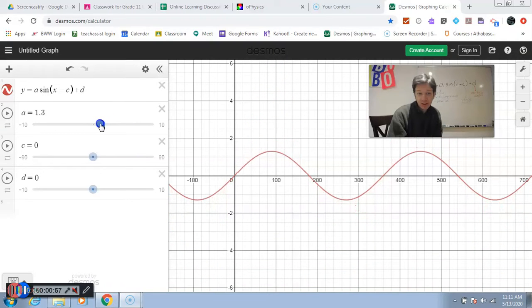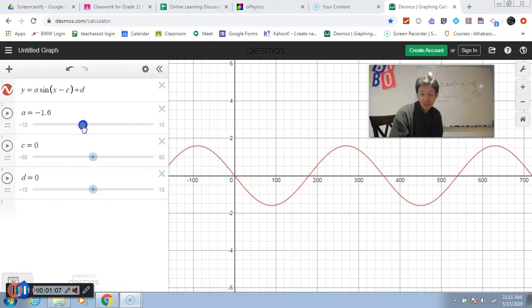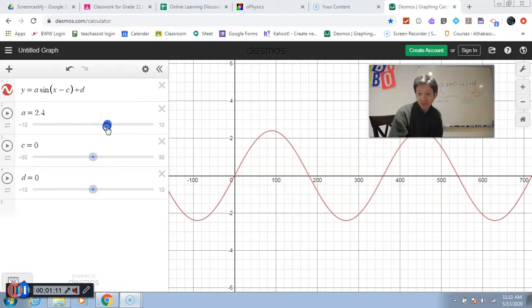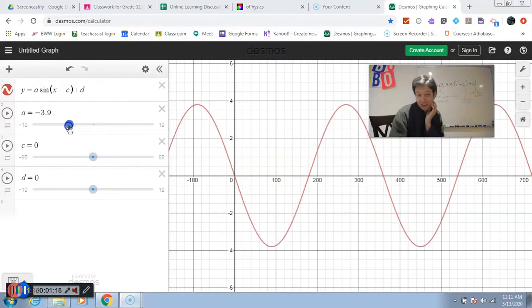Right, we're going to make it go down. If it becomes 0, it's just a straight line. And if we go negative, notice we flipped it. So you can see between positive and negative, it flips. And then your amplitude increases again.